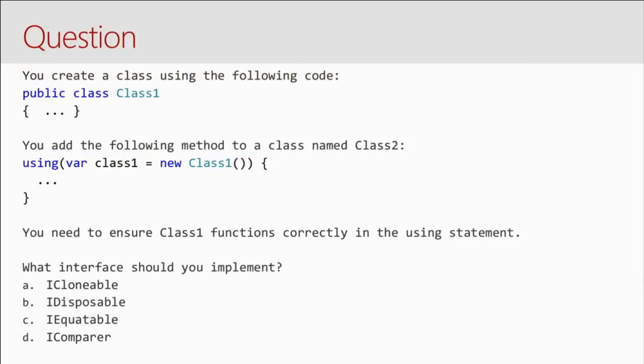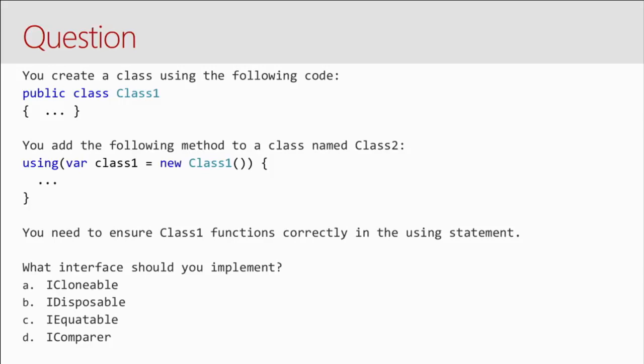So here's another example. We have a class, class 1, and we have a method where we have a using statement in that method where we're creating a new class 1. We want to make sure class 1 works correctly in the using statement.